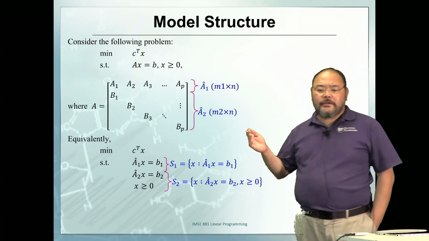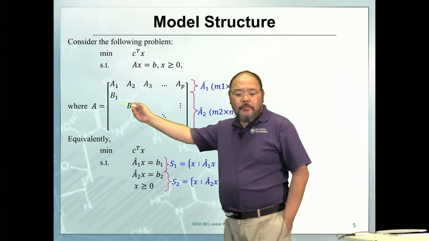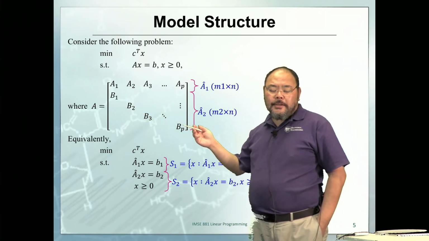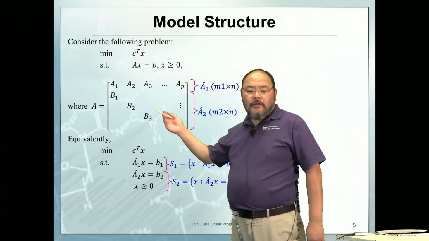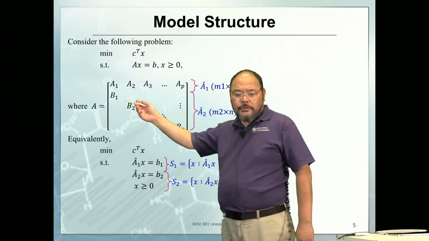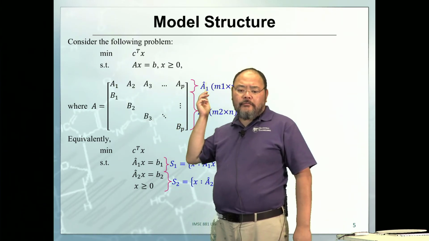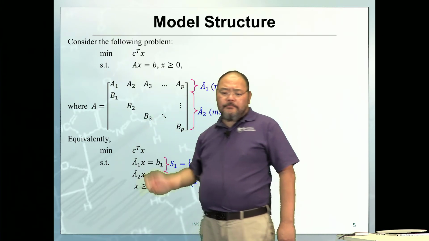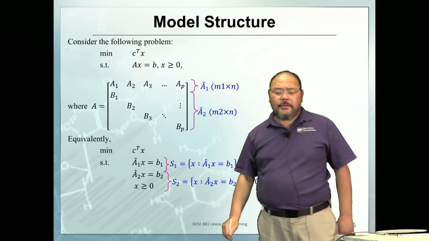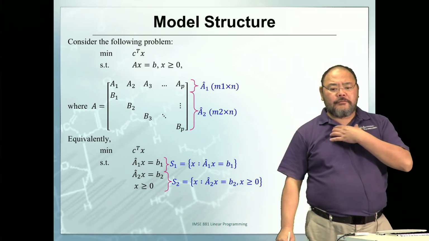They have different types of constraints. B1, B2, B3, up to BP represent each one of the branch offices, with their local constraints. However, A1 to AP represent the constraints involving the global view across the company, all the divisions.